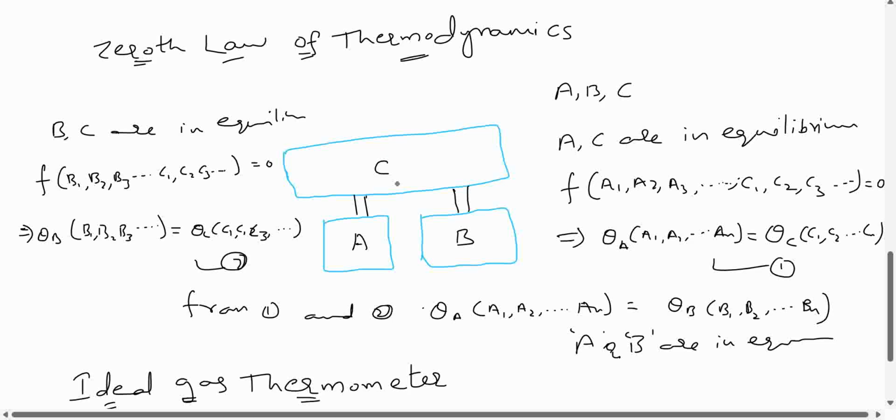Now with C, if a particular body A reads a value of temperature, and if we use the same C for measuring another body B, and if it is also in equilibrium as in the previous case, then A and B are at the same temperature, or it can be used to measure temperature variations. So yeah.